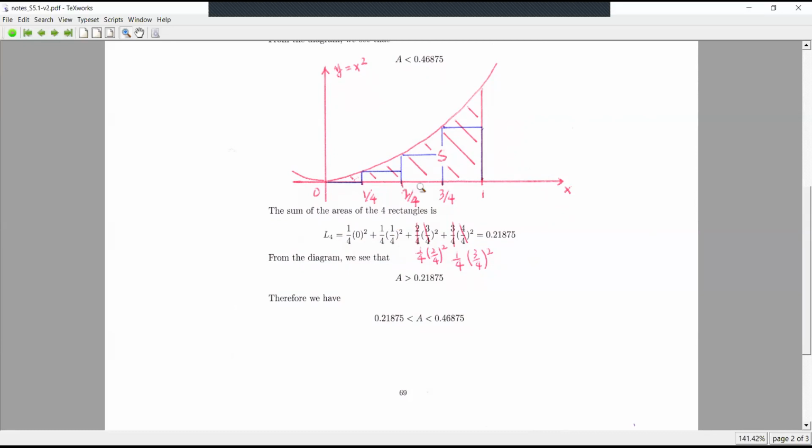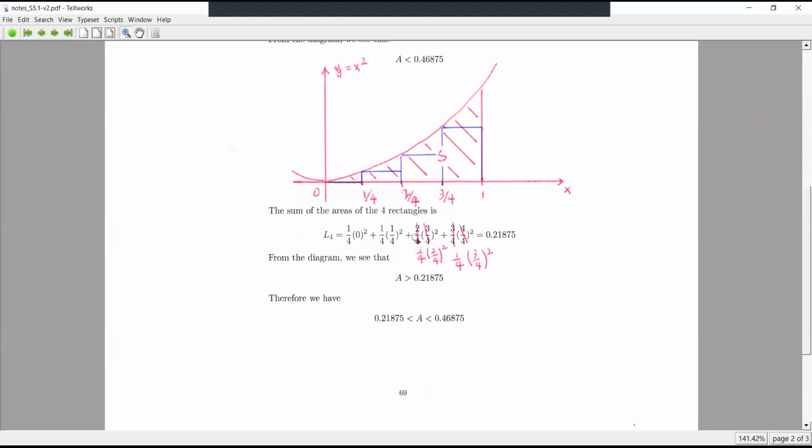Similarly, over the third subinterval, use function value at left endpoint as height to build a rectangle. Area is this number. And for the fourth subinterval, use function value at left endpoint to build rectangle. Area is this number.